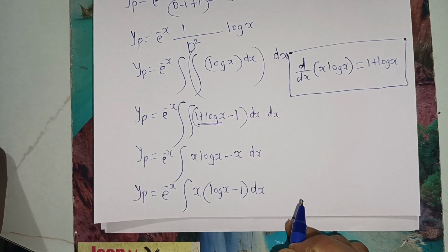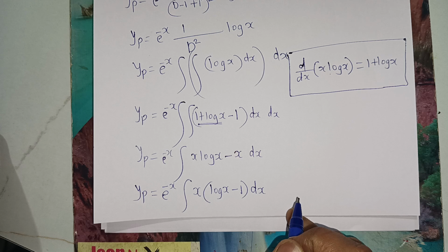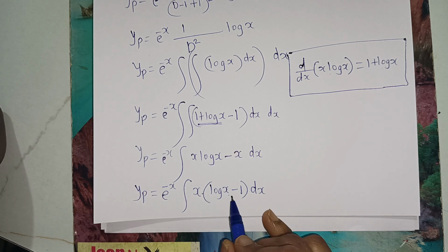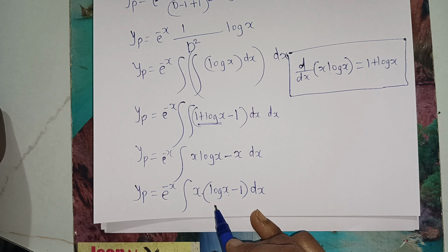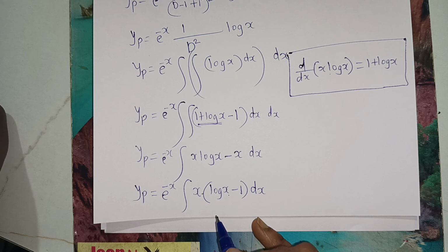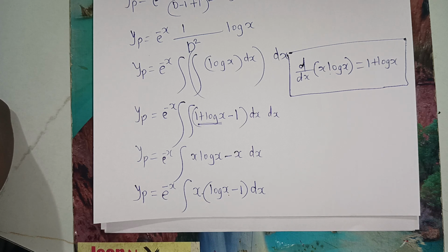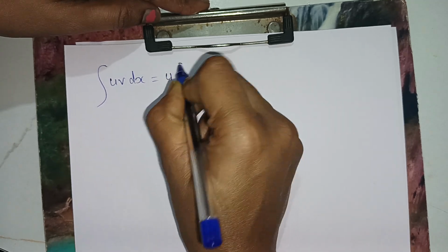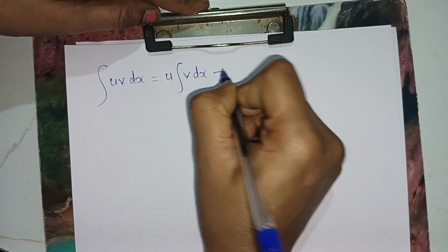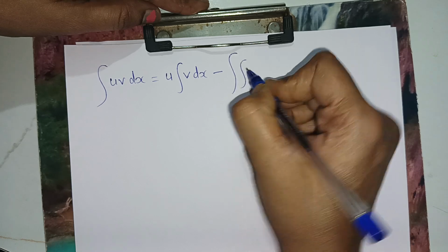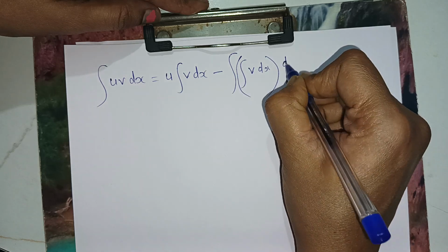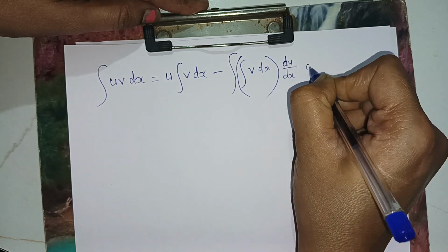Now again this is a product of two functions in integration. Here you can use the uv rule of integration, by parts. The integration of uv is equal to u times the integration of v dx, minus the integration of the integration of v dx multiplied by the derivative of u with respect to x.